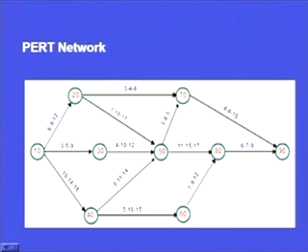In this network, if you observe very clearly, we have 6, 9, 12, 7, 10, 13. So 6, 9 and 12 means that 6 is the optimistic time, 9 is the most likely time and 12 is the pessimistic time.